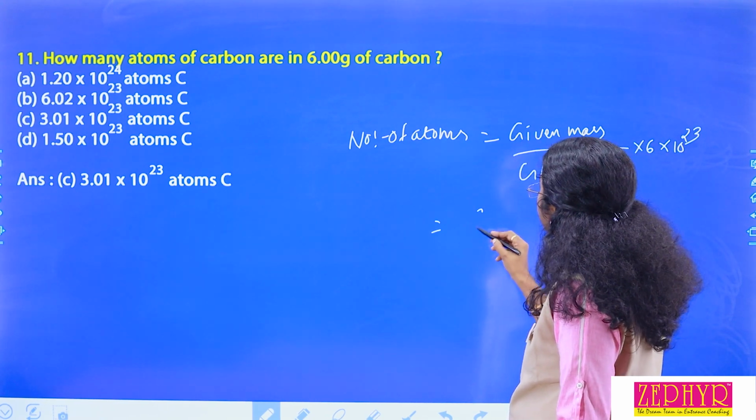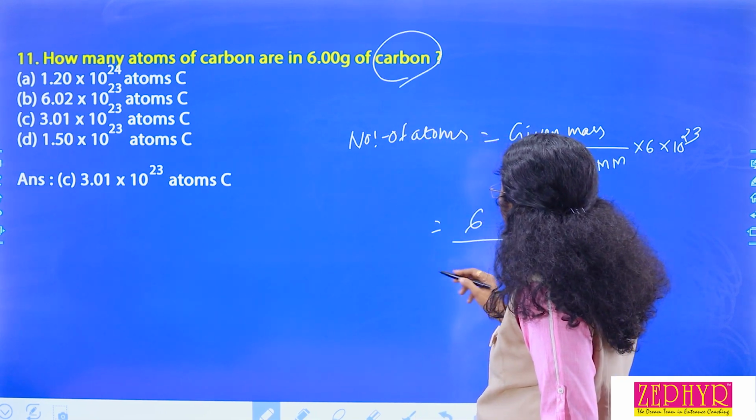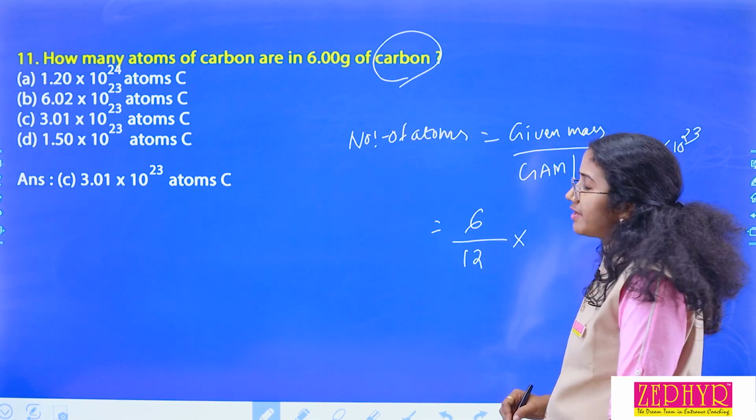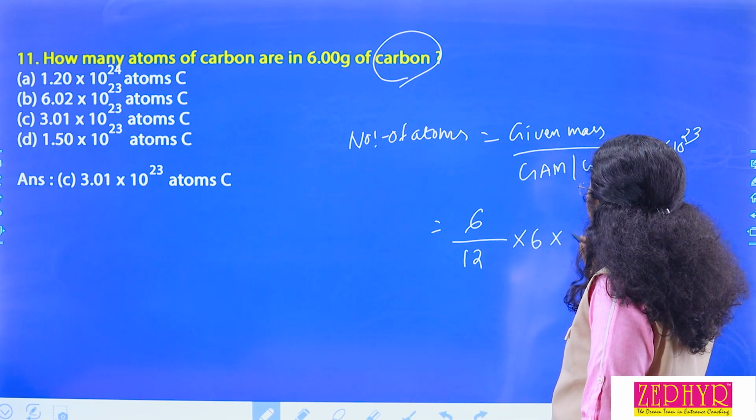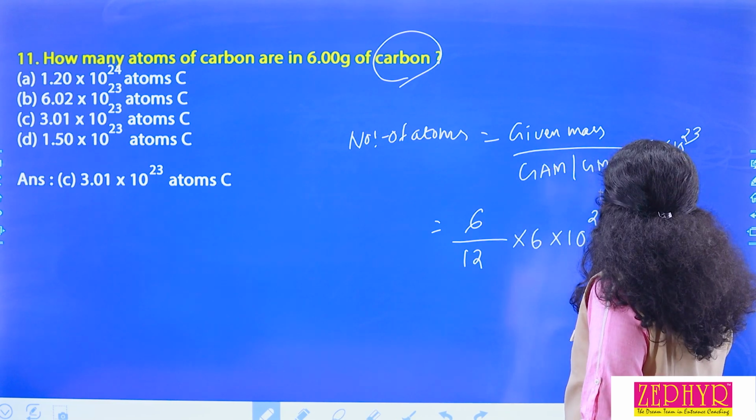Given mass is 6, right? 6 divided by atomic mass of carbon, which is 12, multiplied with 6 into 10 to the power 23.